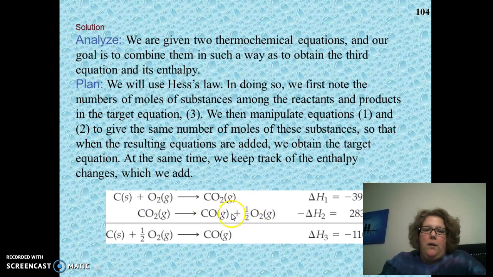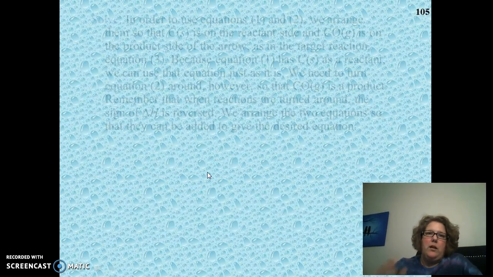So half of an O2 gets canceled out. It doesn't get completely canceled out because we have a whole and then just a half. So that leaves just a half on the left side. Everything cancels except for what we want in our overall reaction. So now all we need to do is add our baby steps together, and there's the enthalpy of our overall reaction. So it's like a puzzle. These are kind of fun once you get the hang of them.